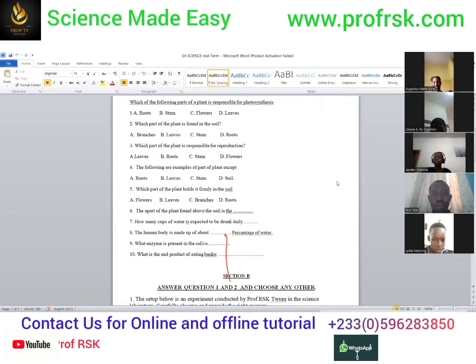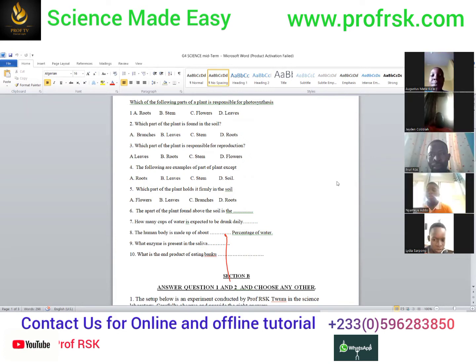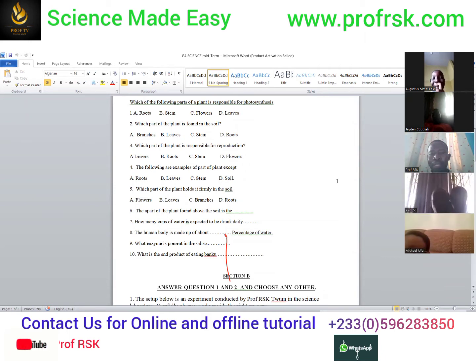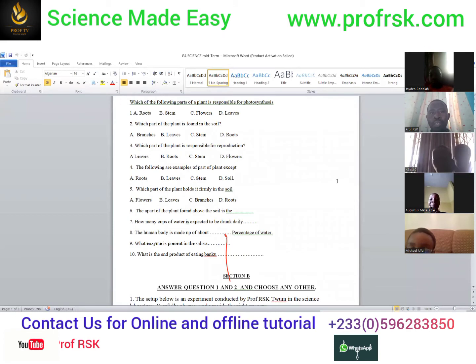Now, in the flowers, we have the male part and then the female part. They have brightly colored petals, and the brightly colored petals attract insects. When the insects come around, the male part, which is the anther, contains pollen grains, and the pollen grains help to pollinate.